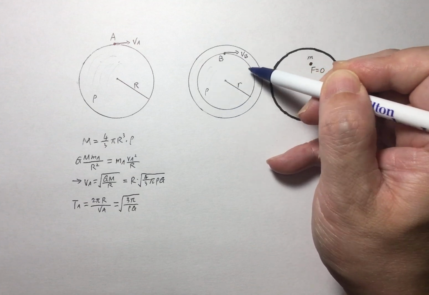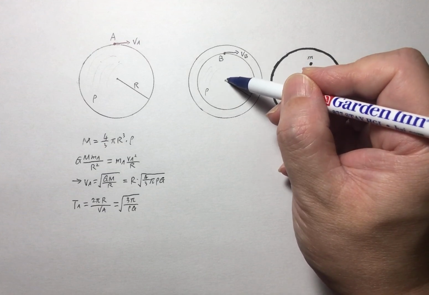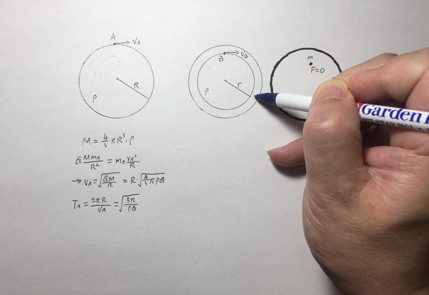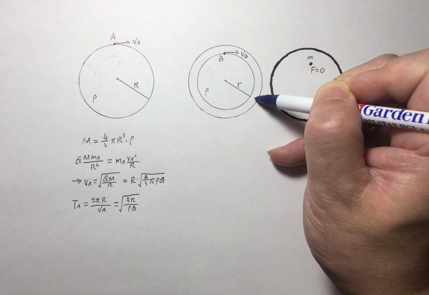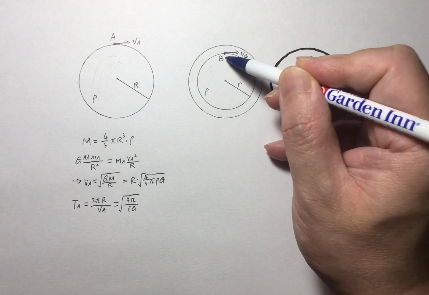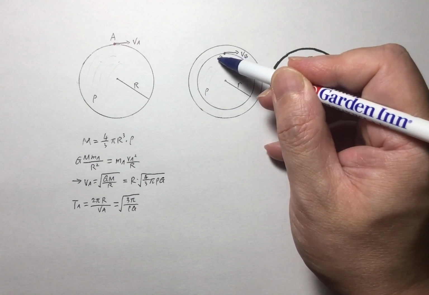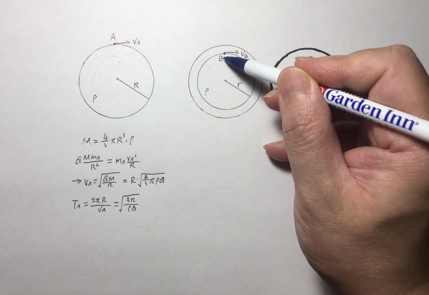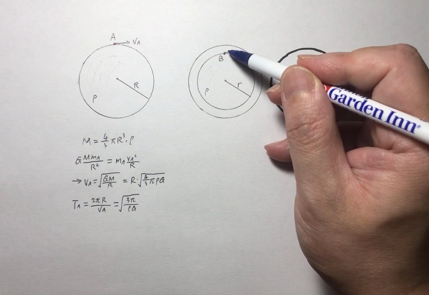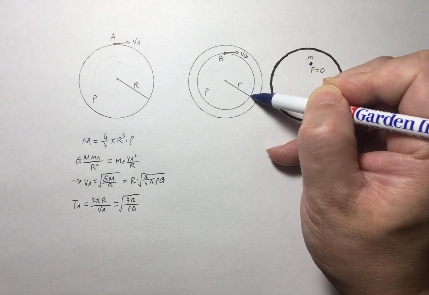So this means that any dust outside this orbit, any dust that is beyond the radius r, will have a net force of zero toward satellite B. Only the dust inside this sphere with a radius r will have a gravitational force on satellite B. So we effectively ignore any dust that is beyond radius r.